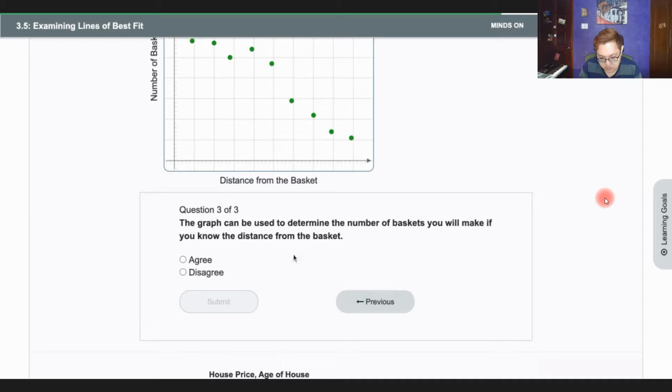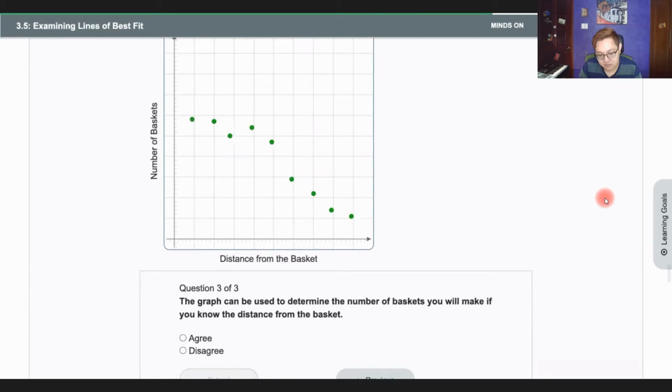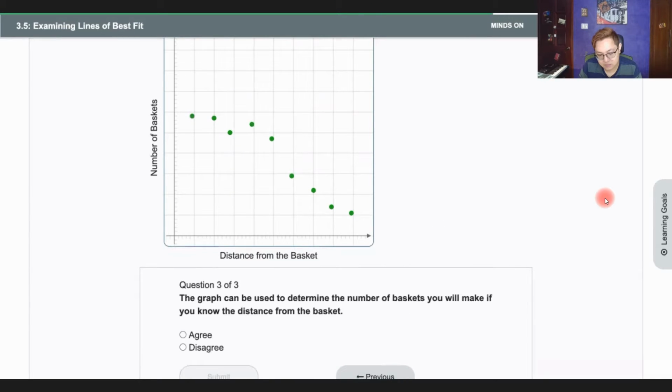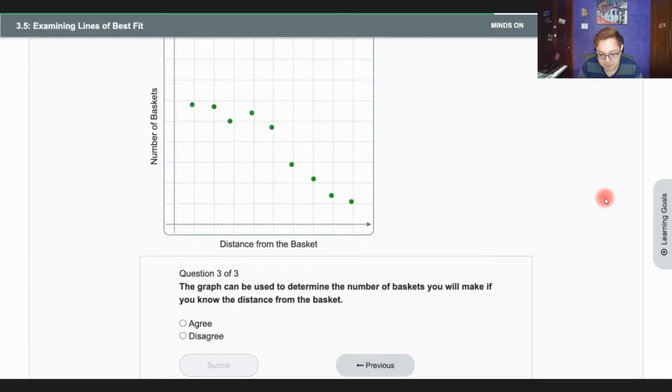The graph can be used to determine the number of baskets you would make if you know the distance from the basket. I believe this is... I think... Yes, what do you think?